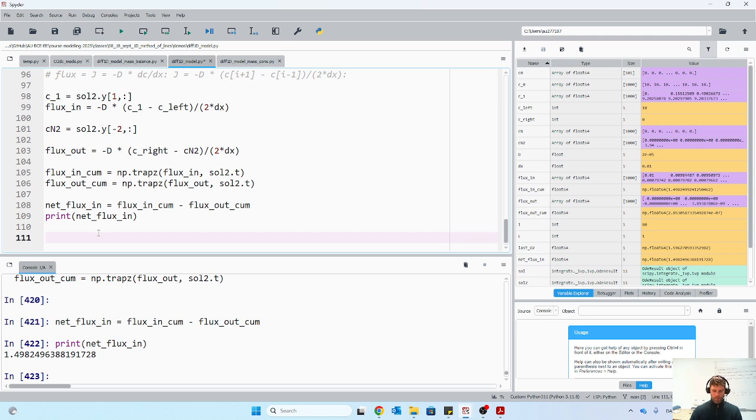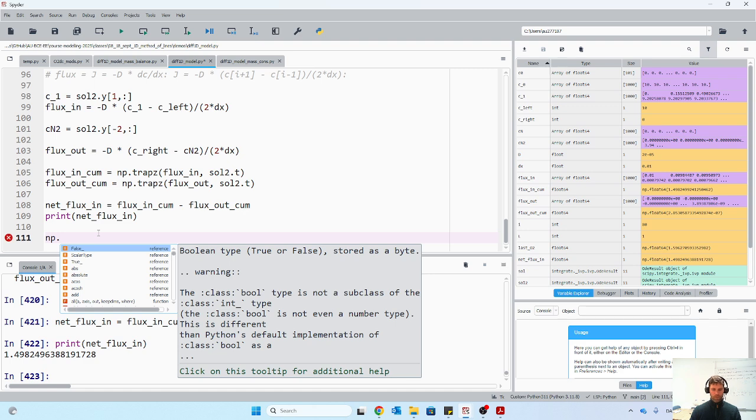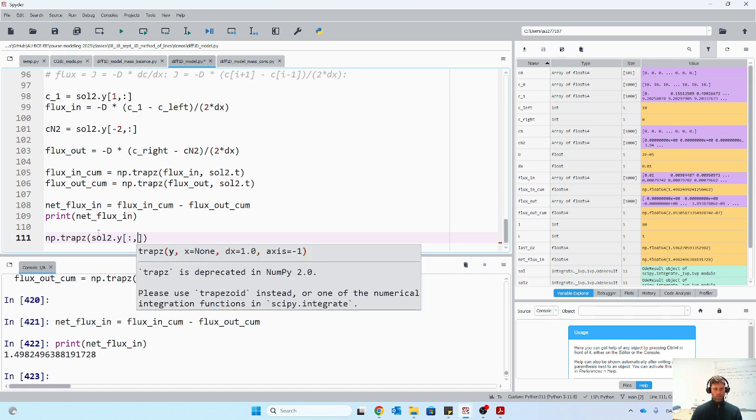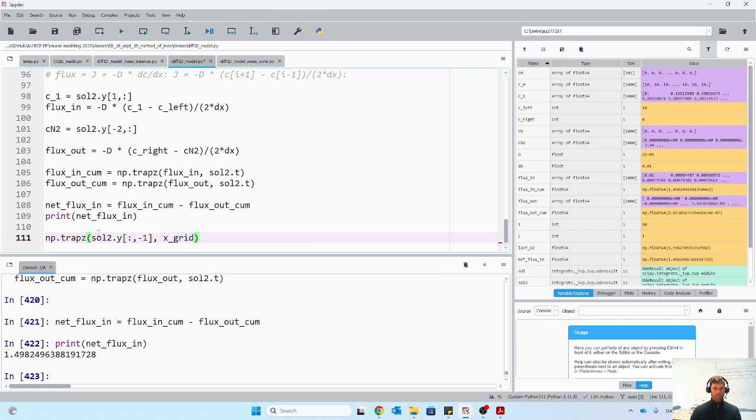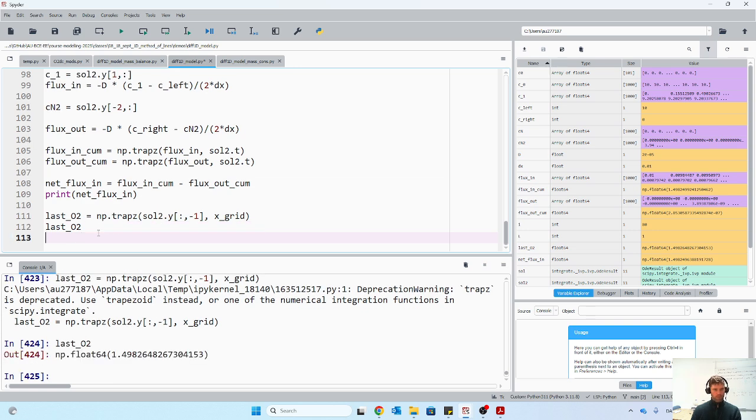1.498. And now we compare it to the integrated concentration over the whole model domain. And here we use the sol y, and we need all positions and the last time point. And we integrate it with respect to space now again. And what does that give?